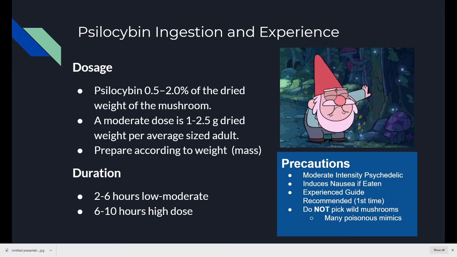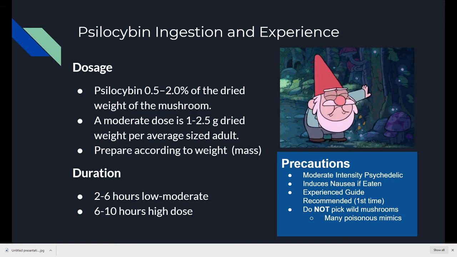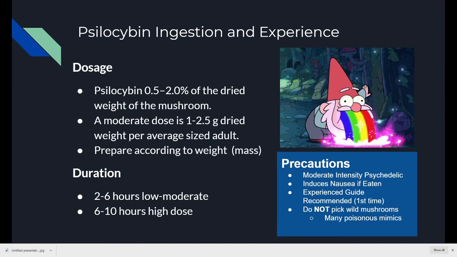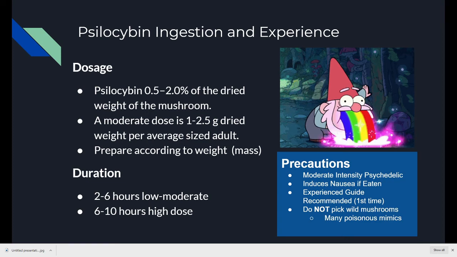Even though people will tell you it's 3.5 grams, that's to elicit a huge effect. And an average size adult doesn't usually need 3.5 grams. Plus, we don't know if we're getting 0.5% psilocybin or 2% psilocybin, so it's better to be cautious and always prepare your mushrooms according to weight.